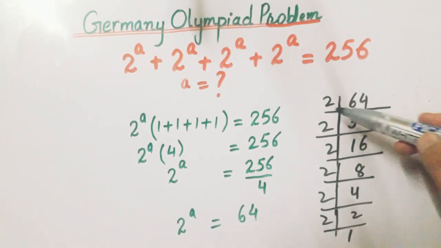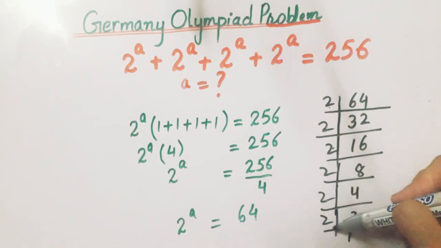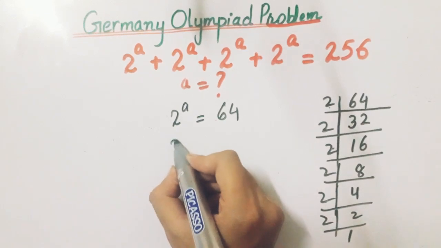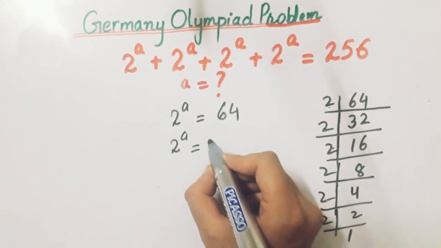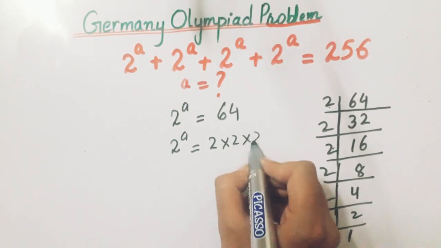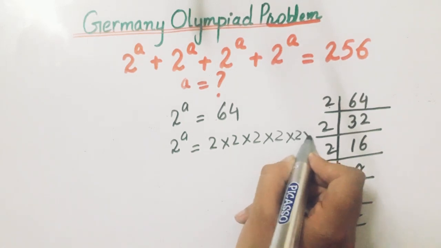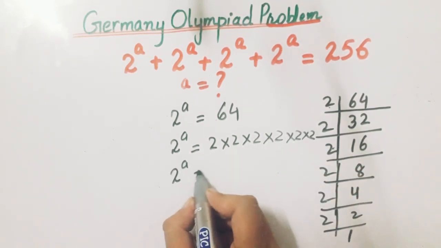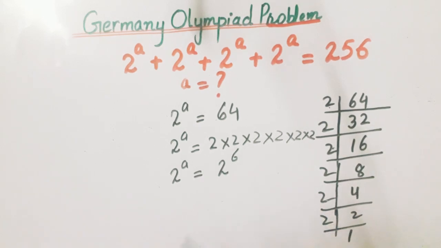Now you can see we have 1, 2, 3, 4, 5, 6, 6 times 2. We will write this as 2 raised to power a equals 2 multiply 2 multiply 2 multiply 2, 6 times. Then 2 raised to power a equals 2 power 6.